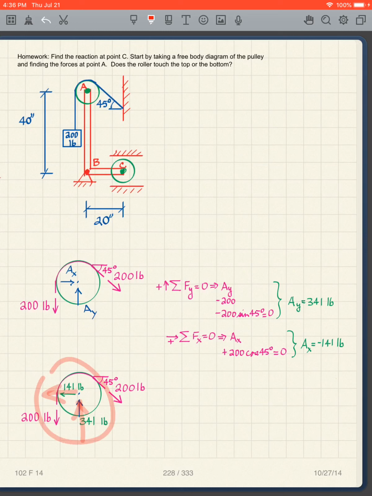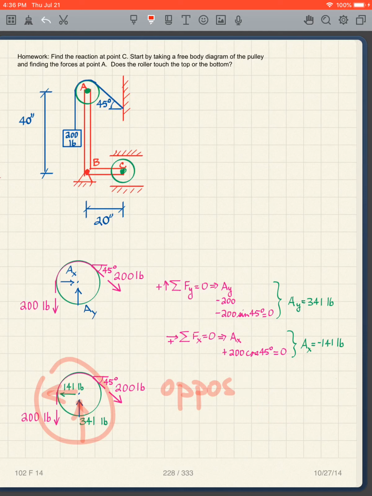I have to do the opposite of those for the adjacent free body diagram, the other free body diagram, which would be what? The free body diagram for the L-shaped member.